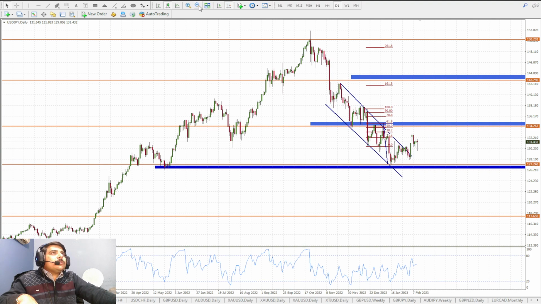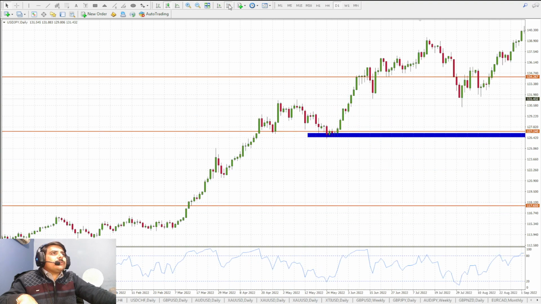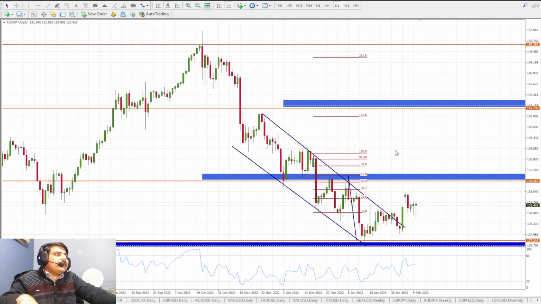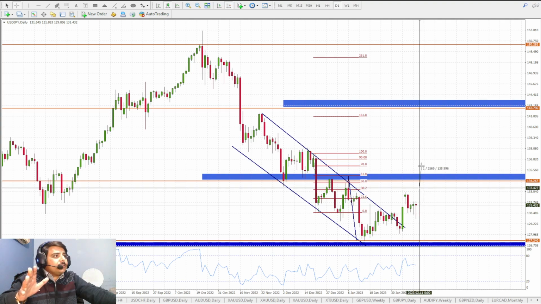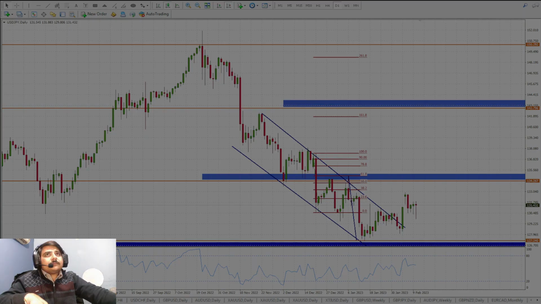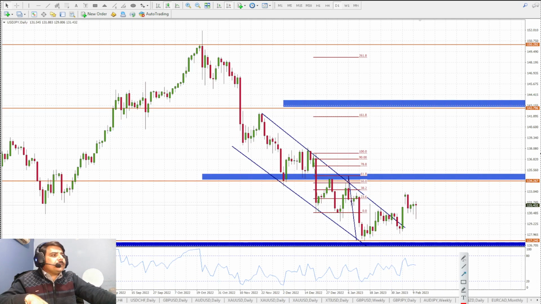I'm giving no forecast for this pair for this week. I will be mainly bullish unless I get a close below 127.24, and I will consider some sell trades near 134.26. And if the close happens, let me graphically show you.